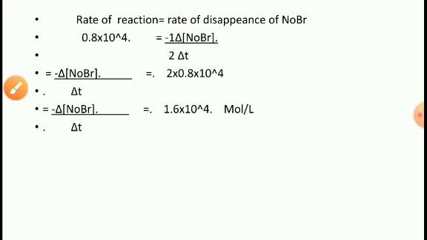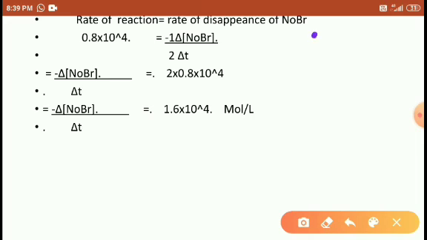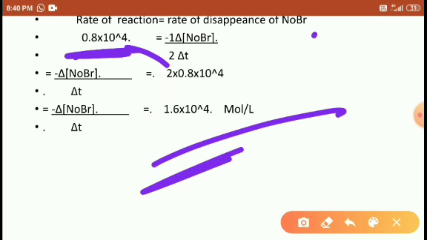So again we use the formula: rate of reaction equals rate of disappearance of NOBr. The rate of reaction is 0.8. Again the disappearance has stoichiometry 1 by 2 for NOBr. So this stoichiometry 2 multiplies with 0.8, then we get the answer 1.6 into 10 to the power of 4 moles per liter.